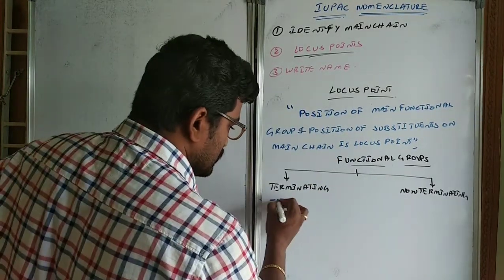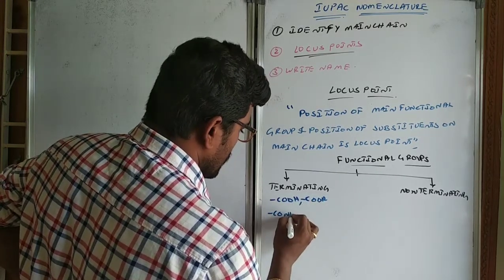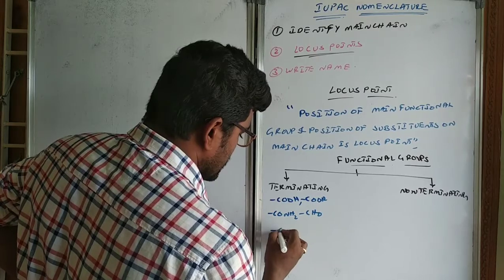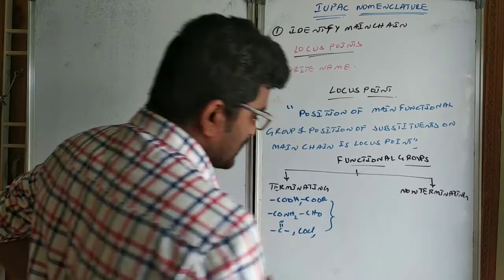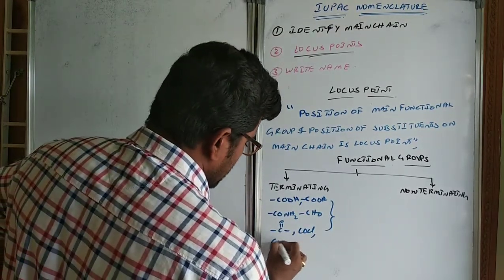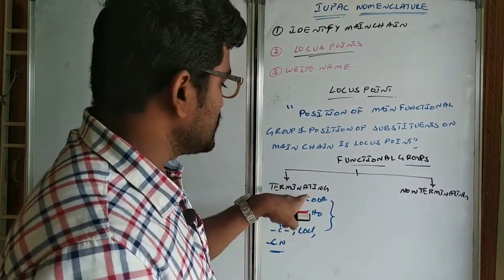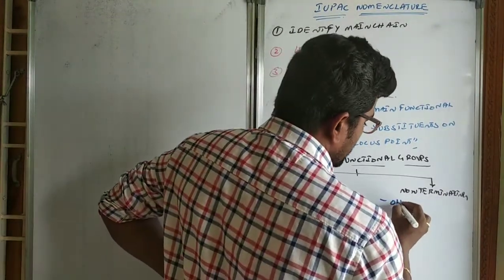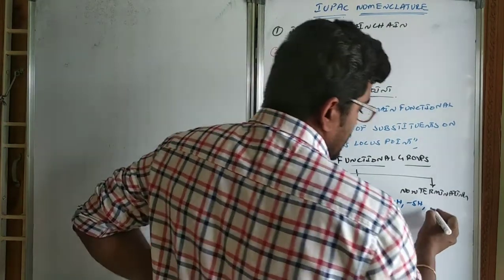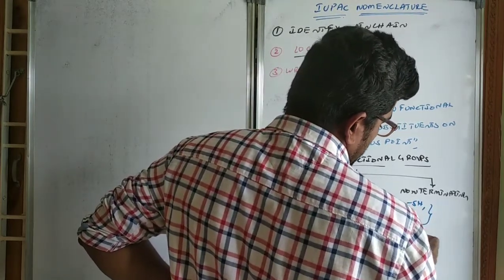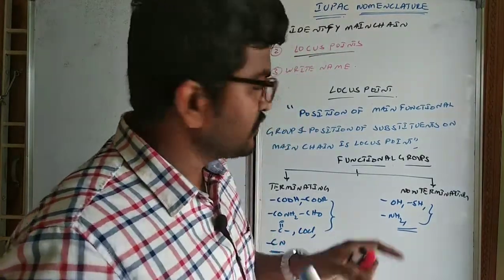So if you take functional groups like COOH, COOR, CONH2, CHO, C double bond O, COCl and all, and then CN, with these functional groups the compound will end. That's why they are known as terminating. Non-terminating functional groups are OH, SH and NH2. These kinds of functional groups are known as non-terminating functional groups. So be careful with this also.